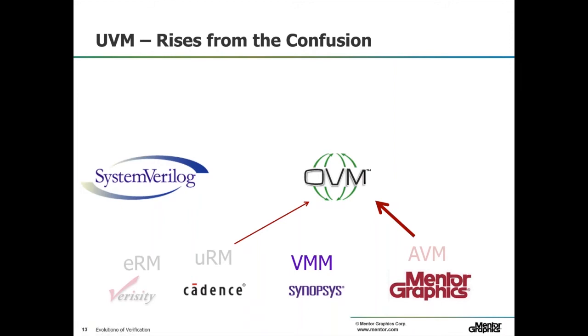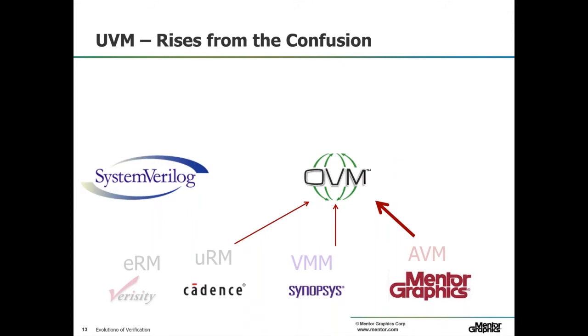And we started winning. We started seeing both of those methodologies beating the VMM. Users started seeing value in the OVM over what you could do in VMM. And eventually Synopsys finally said, hey, we have to be in on this. So they up-revved VCS so that it could run pure SystemVerilog code, and they joined the OVM.